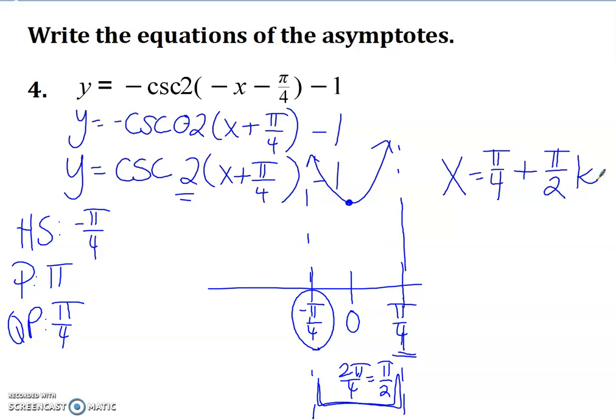We put a k there to symbolize any integer. So k will represent any integer. You can plug in anything there and simplify this, and you will find an asymptote on this graph. So again, you pick an asymptote to start at. I always pick the first one to the right of 0, and then this is the distance between the two asymptotes.